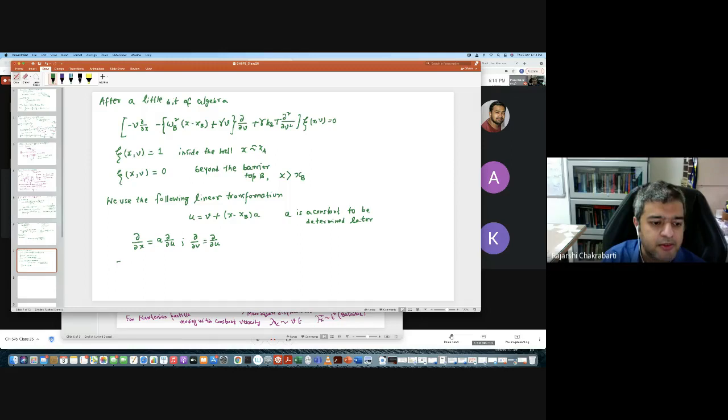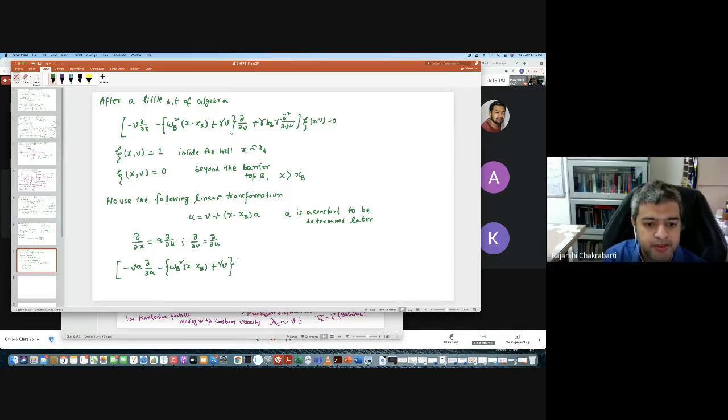If I write down the above equation, I'm going to get something like minus va del u, minus omega b square x minus xb plus gamma v.